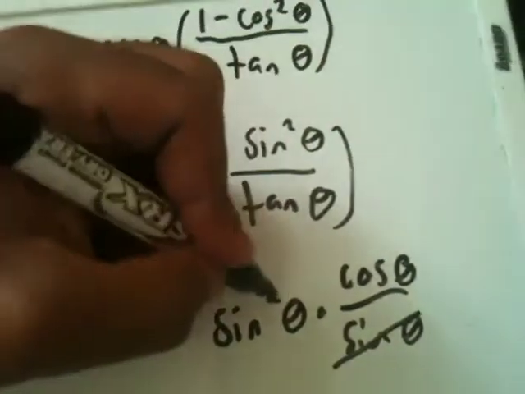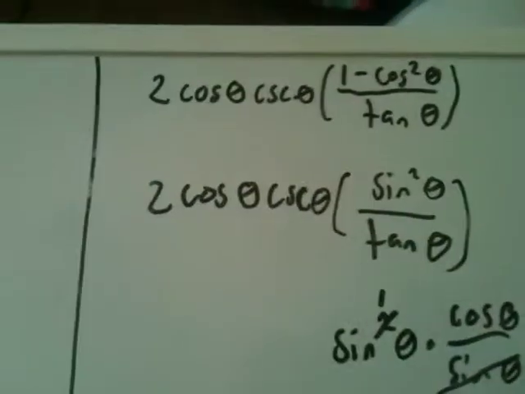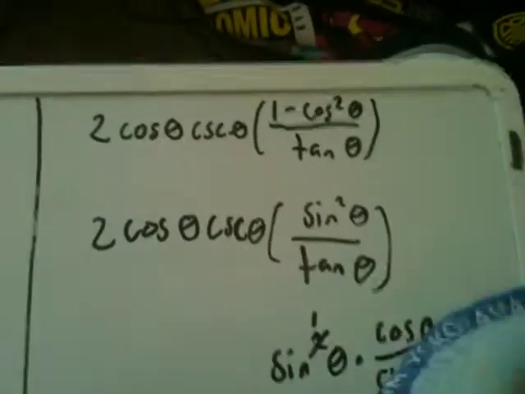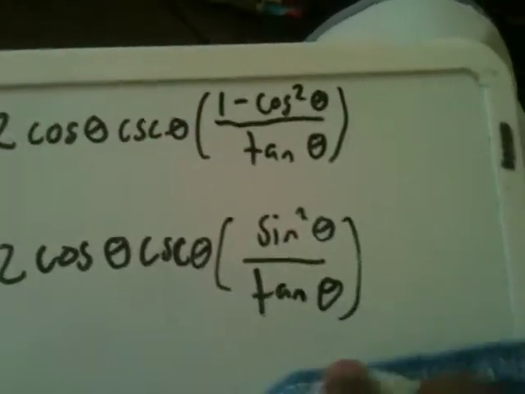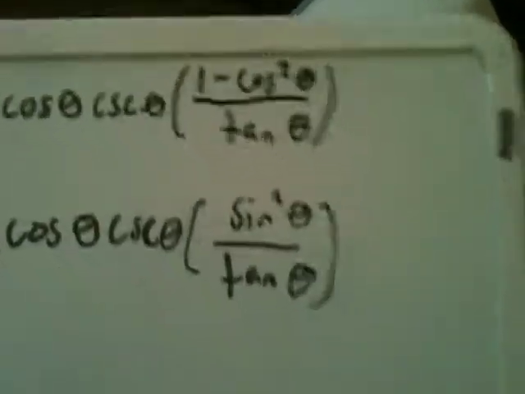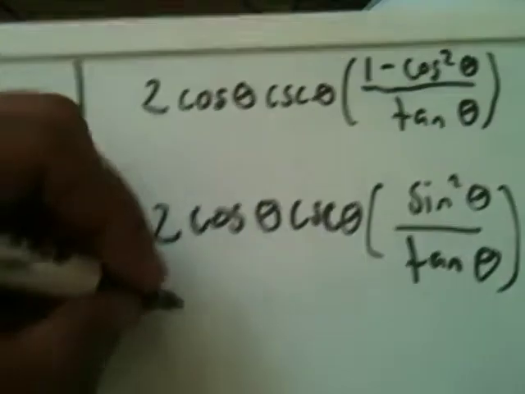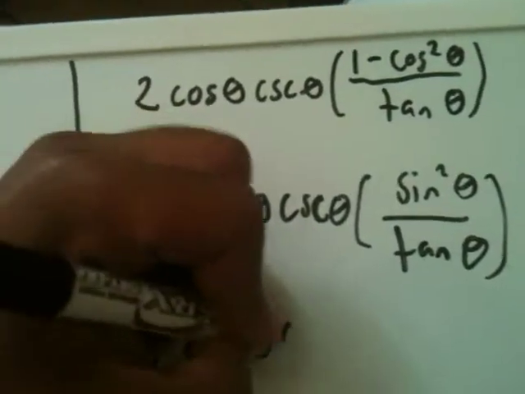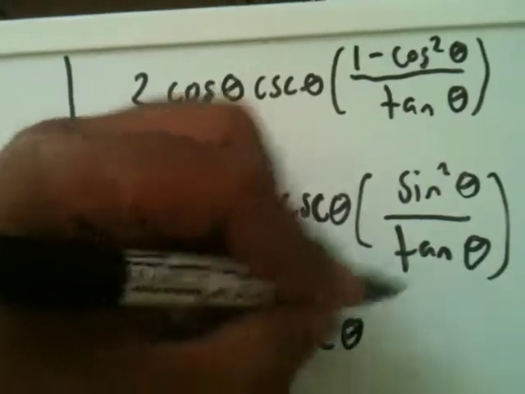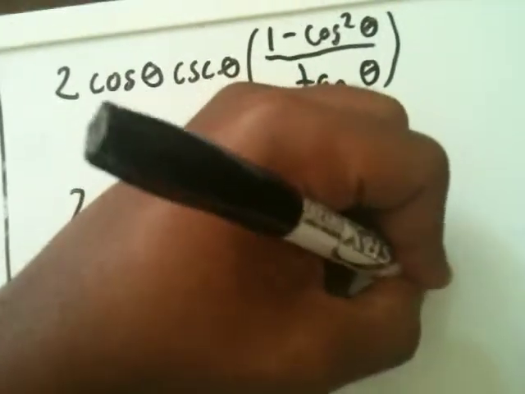So that reduces to a power of 1. So all of this is the sine times the cosine. That goes inside the parentheses now. But we can actually drop them. So 2 times the cosine of theta times the cosecant of theta times the sine of theta times the cosine of theta.